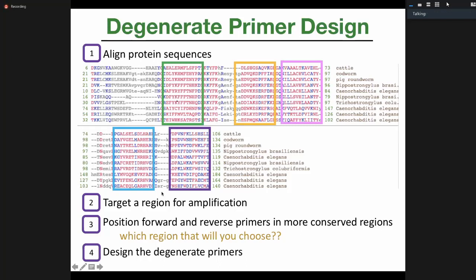Okay, so now you have to target a region for amplification. So you have to design the primers. So now the question is, which region will you choose?